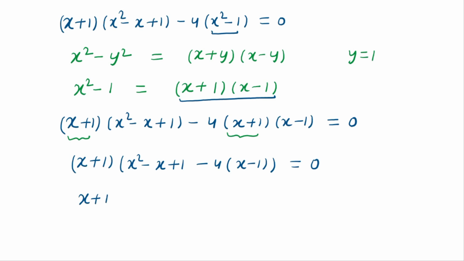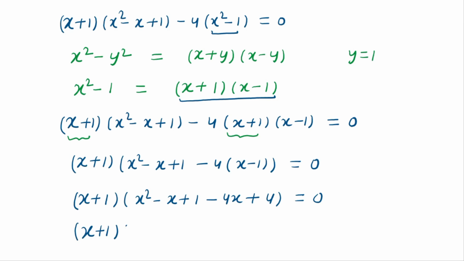Then (x + 1) times (x² − x + 1), and this minus 4 is multiplied by (x − 1), then you will get −4x + 4, and this is equal to 0. (x + 1) times (x² − x − 4x is −5x, 1 + 4 is 5), and this is equal to 0.